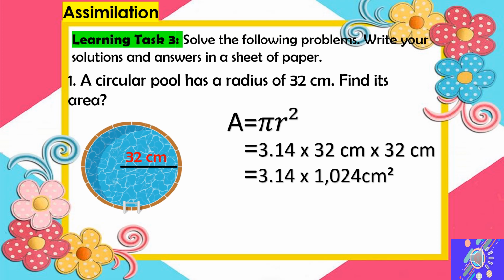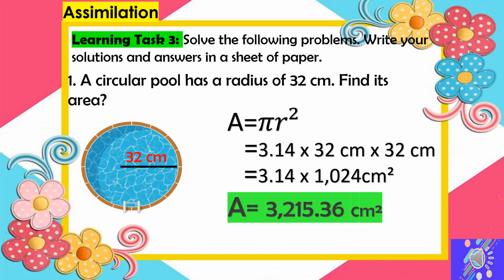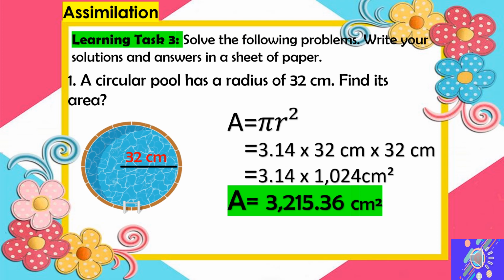When we multiply 32 times 32, the answer is 1024 square centimeters. If we multiply 3.14 times 1024 square centimeters, the area of the circular pool is 3215.36 square centimeters.